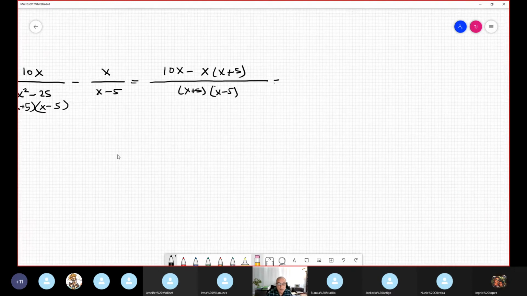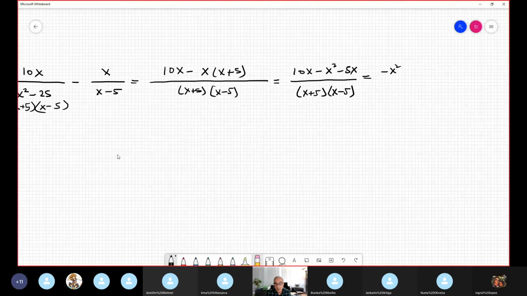I copy 10x minus x squared minus 5x divided by x plus 5 and x minus 5. Okay, I copy this, but a little bit different. I copy minus x squared, 10 minus 5 is 5.